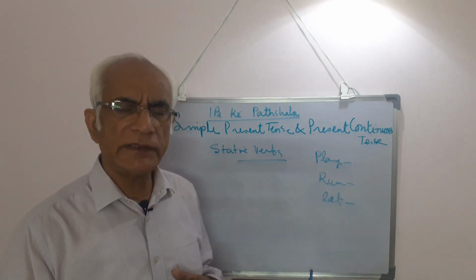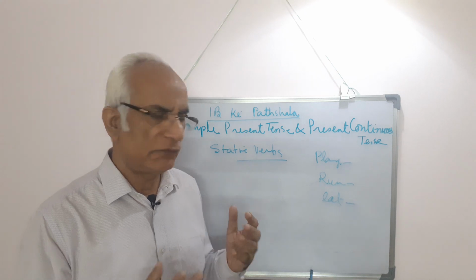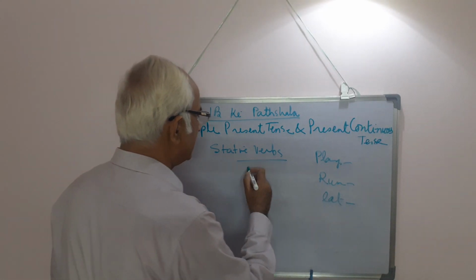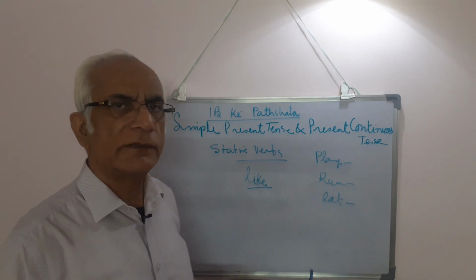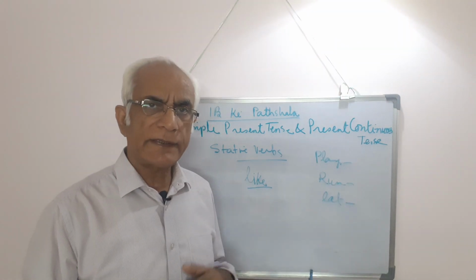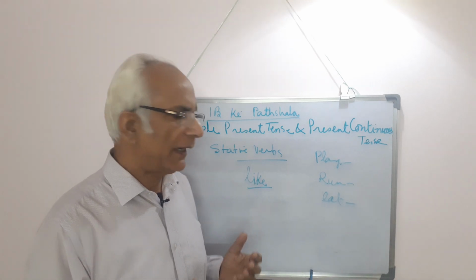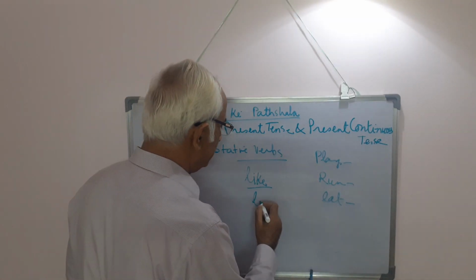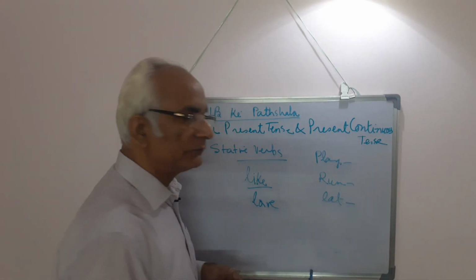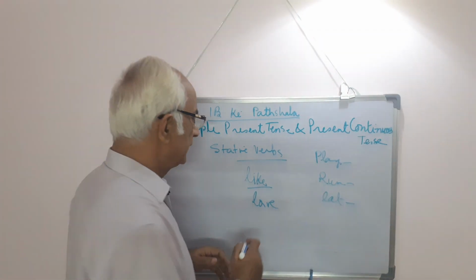But then there are certain action words which you can't see. For example, like. I like pizzas. So when I say I like pizzas, I am describing an action which you can't see. For example, love. I love my brother. Think.